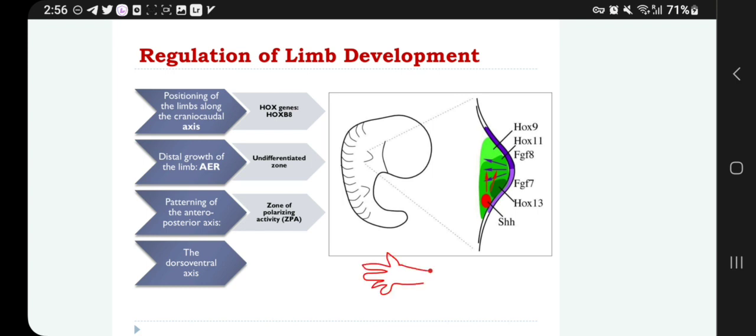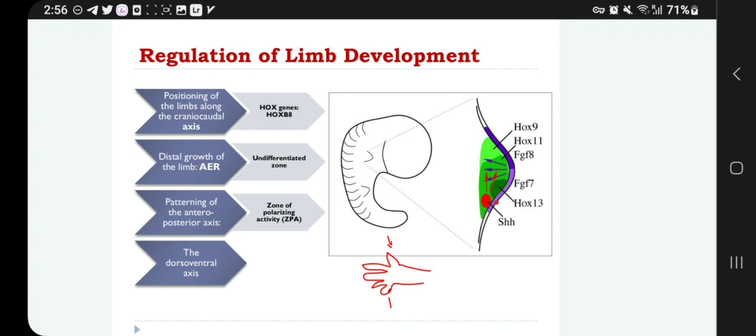For example, you want to shake hands with somebody, or the big toe here is the anterior, and here is the posterior. The cluster of cells is near here. It's, for example, the limb bud, a cluster of cells.